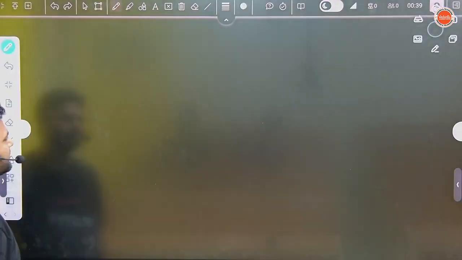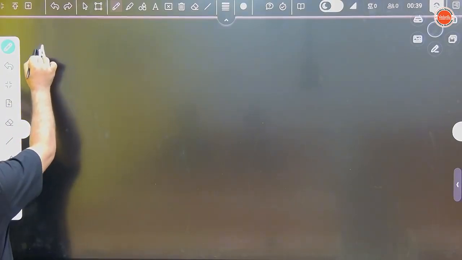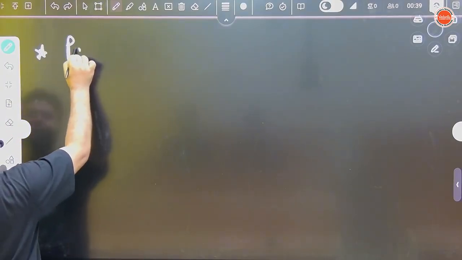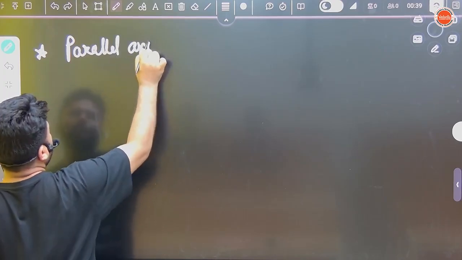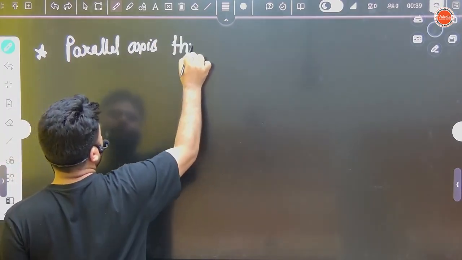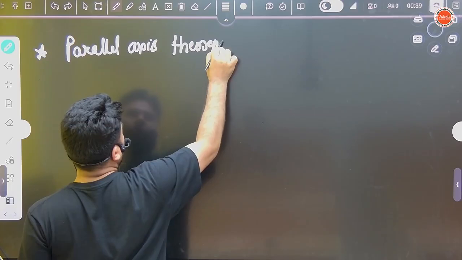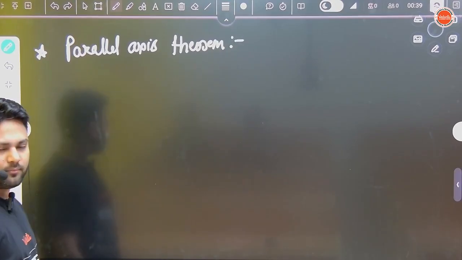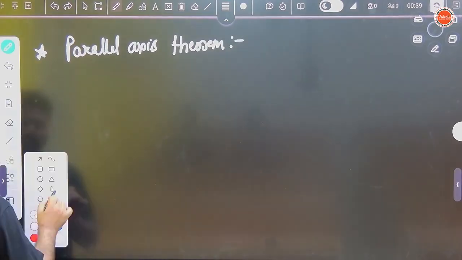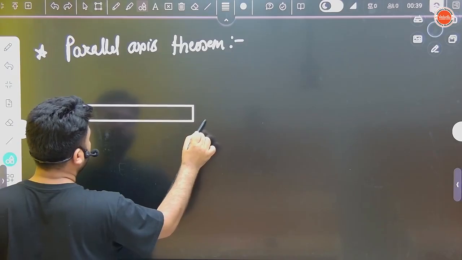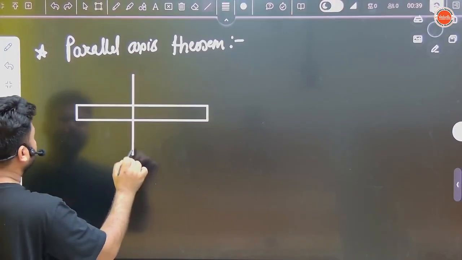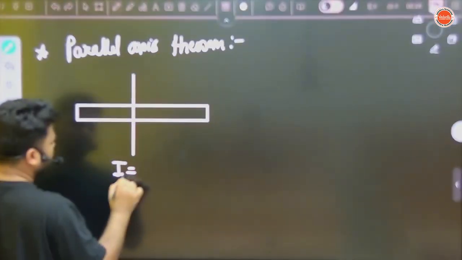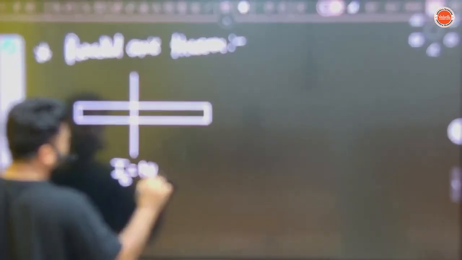Second, next thing, parallel axis theorem. What it says, that suppose, for example, this is the moment of inertia of rod about center of rotation. We know that moment of inertia about center of rotation is how much? ml square by 12.